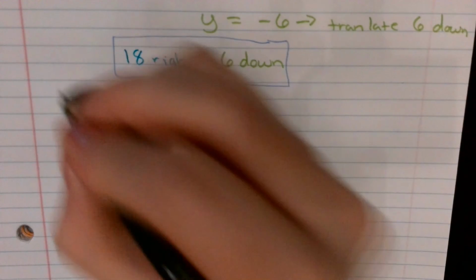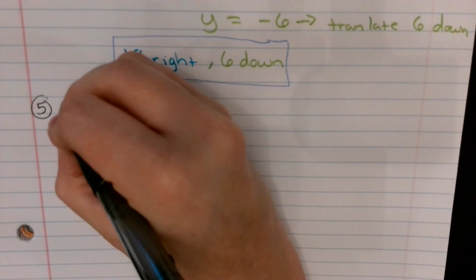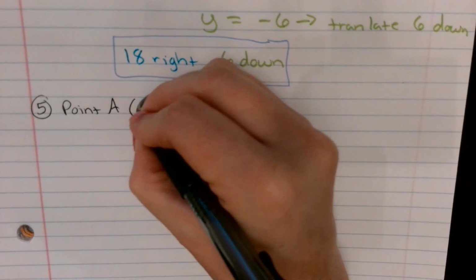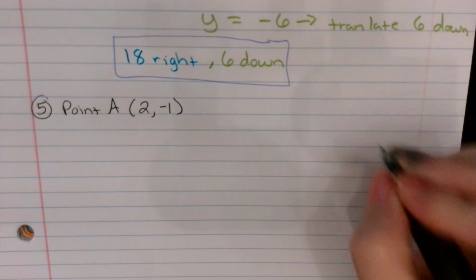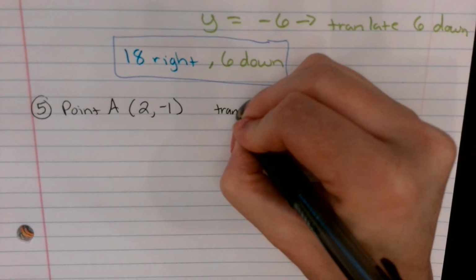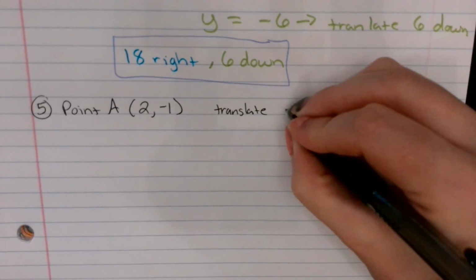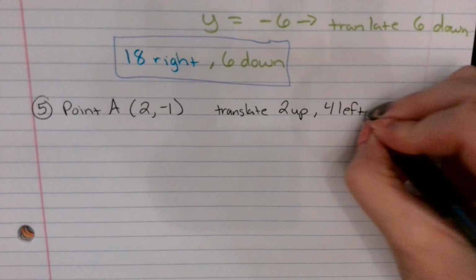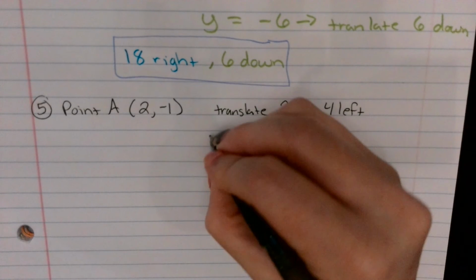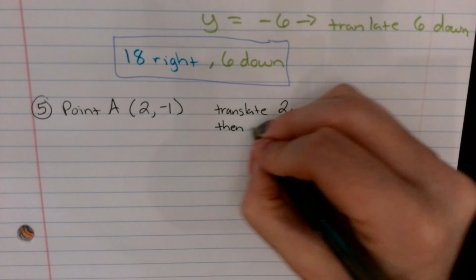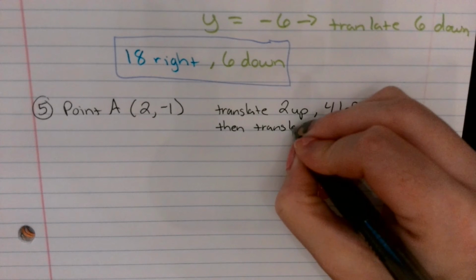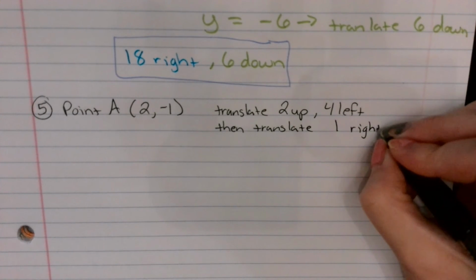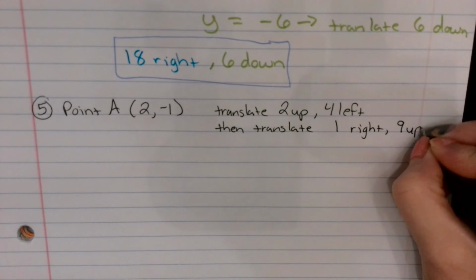So let's say that we have point A, and point A is at (2, -1), and I'm going to translate 2 up, 4 left, and then I'm going to translate again. I'm going to translate 1 right and 9 up.